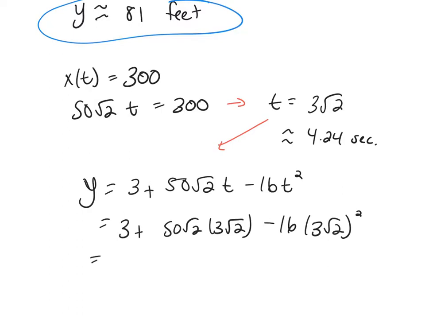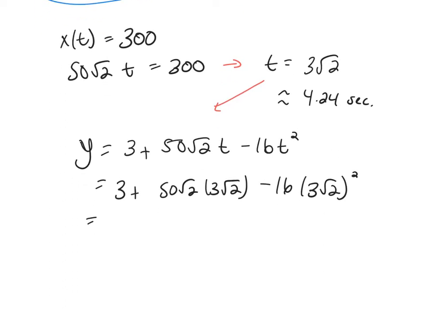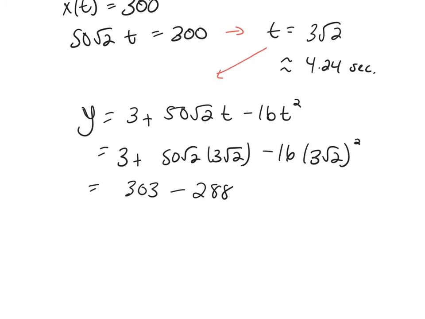So it looks like you're getting 303 minus 288, so it'll be 15 feet. So when it reaches the fence, it's at 15 feet.